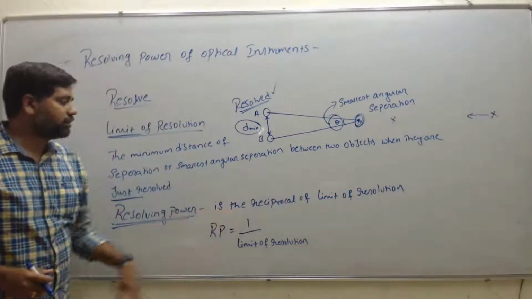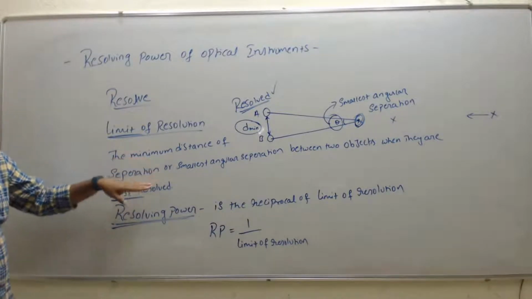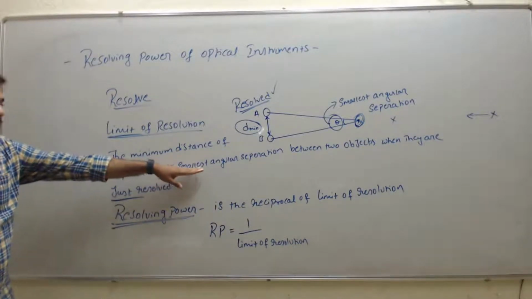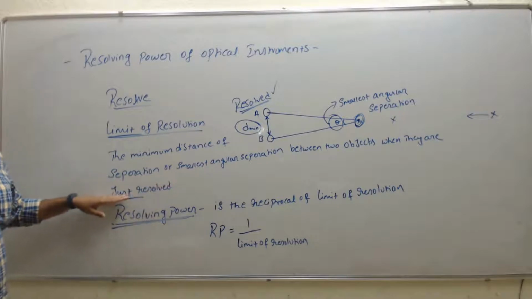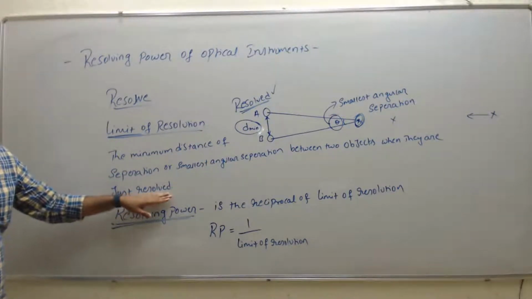We write this mathematically as RP equals 1 divided by the limit of resolution. So this is the definition of resolving power: the reciprocal of the minimum distance of separation, or the smallest angular separation, between two objects when they are just resolved.